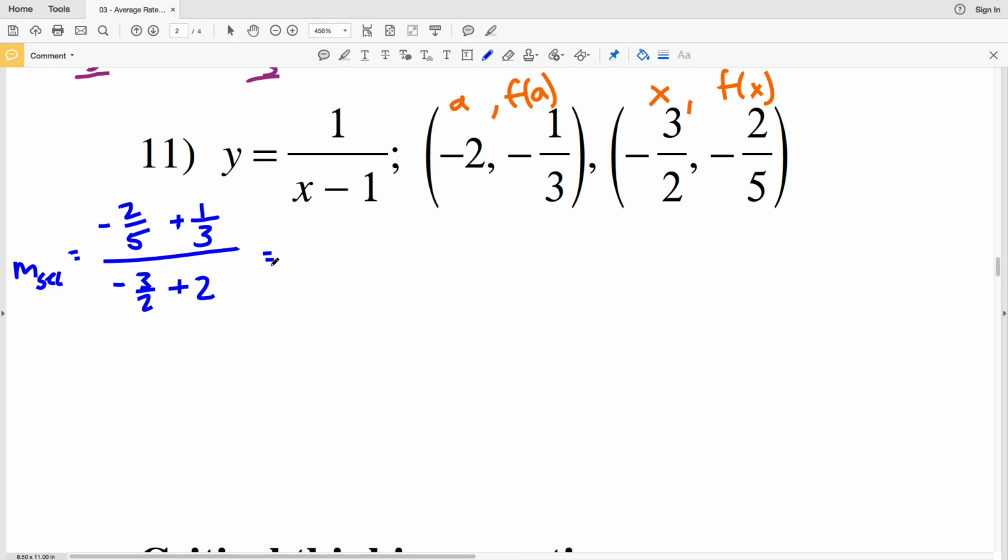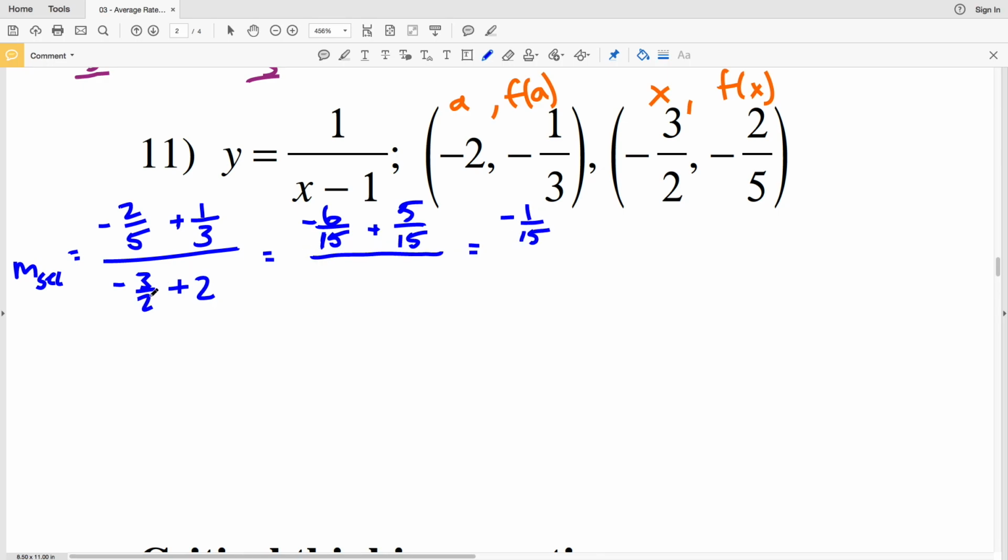Simplifying, negative 2/5 plus 1/3, I'll write in terms of 15 in the denominator. So multiplying negative 2/5 by 3 over 3, I'll get negative 6 over 15, and I'll be adding that to 1/3 times 5 over 5, which is 5/15. So you can see that my numerator is going to be a negative 1/15.